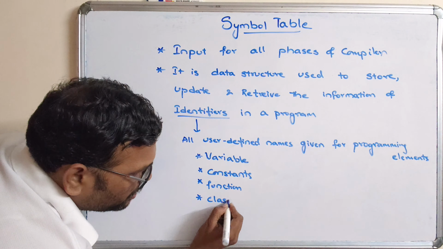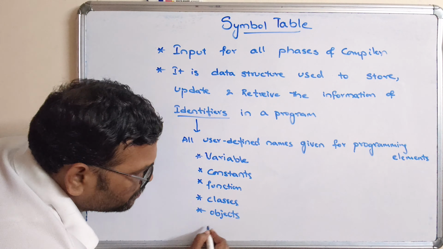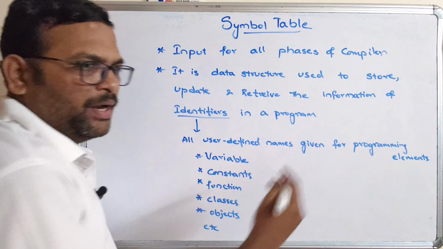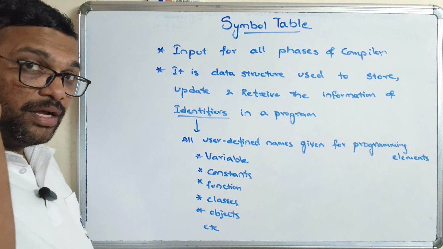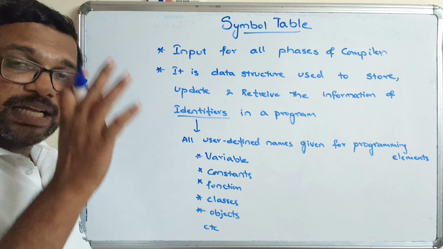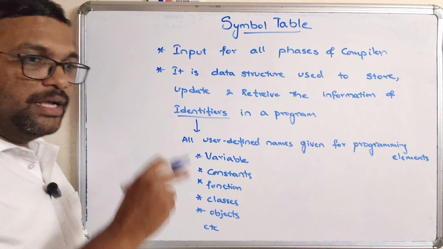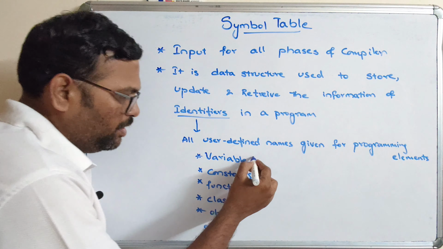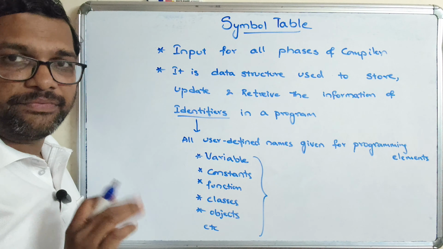Similarly, classes, coming to object oriented programming, objects, etc. Like that, for any programming element, if the user gives the name, that comes under this identifier. The keywords, operators, such types of symbols will not come under the identifier. So this symbol table will be storing the information regarding only the identifiers.